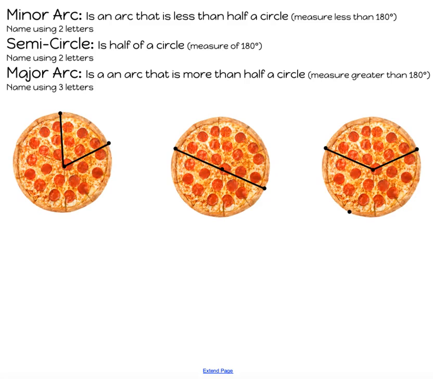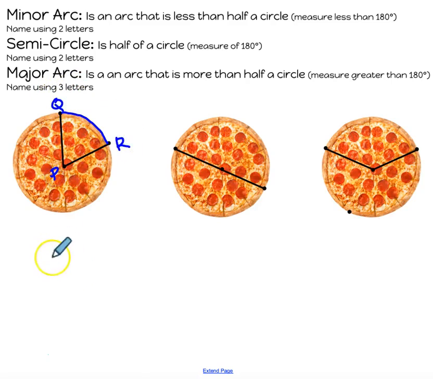Let's talk about different kinds of arcs. We have minor arcs, major arcs, and semicircles. A minor arc is just a small arc that's less than half a circle. On this first pizza, I have a picture of a minor arc because this arc is less than half a circle. Let's call it arc QR, and let's put a point P in the center.